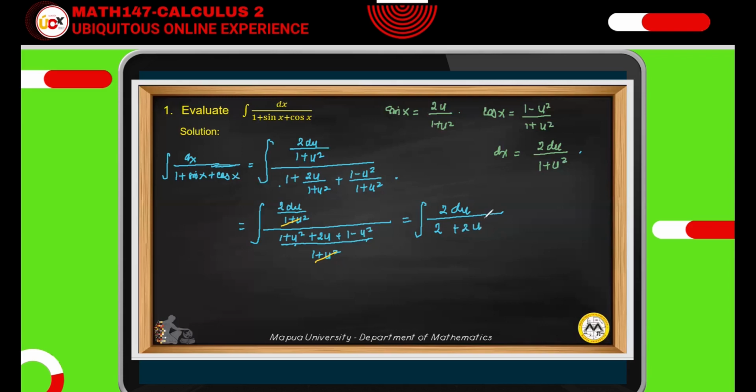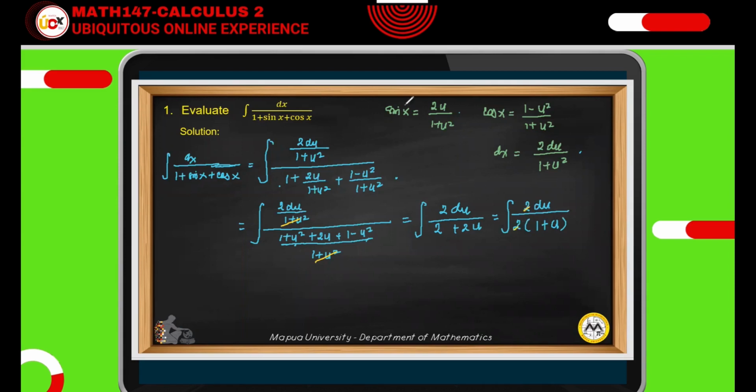Please take note that we can still simplify the denominator by factoring out the common factor 2. So 2 times the differential of u over 2 times the quantity 1 plus u. And you can see that we can do cancellation again.